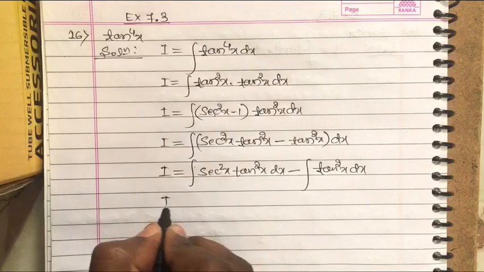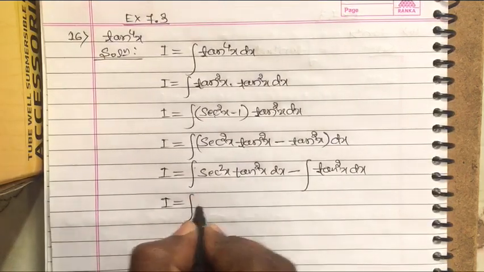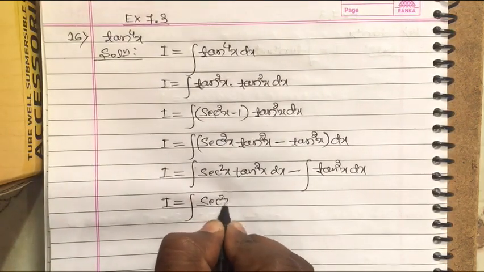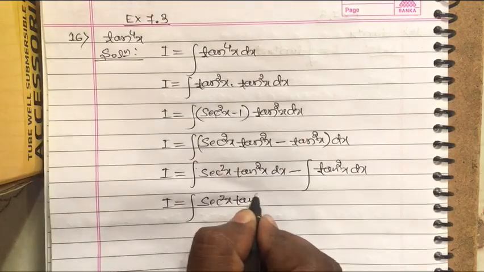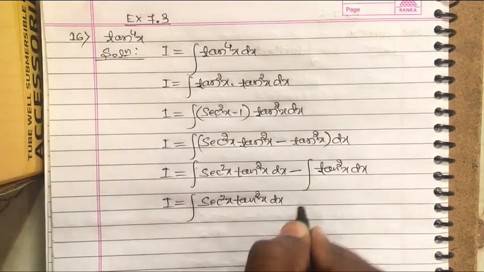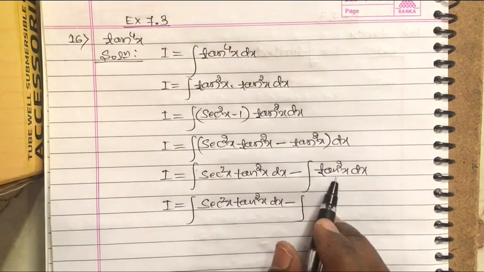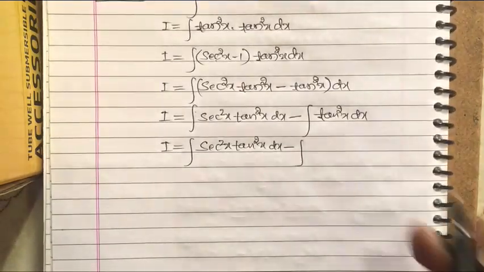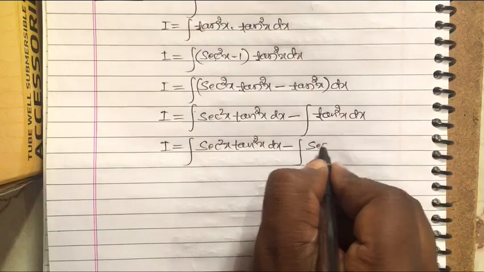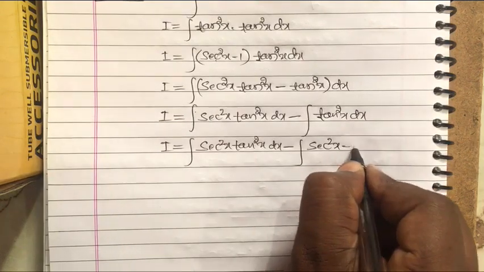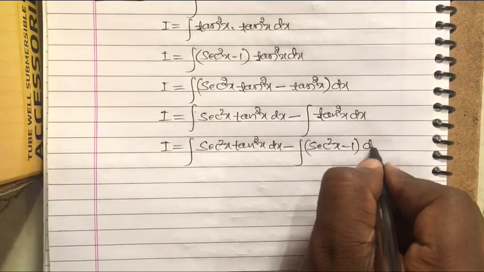I write the first term as it is, secant square x into tan square x dx, minus integral, where tan square x can be written as secant square x minus 1 dx.